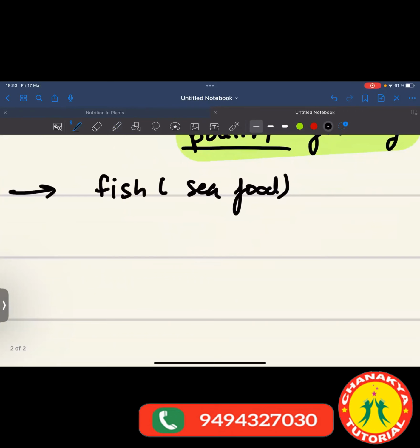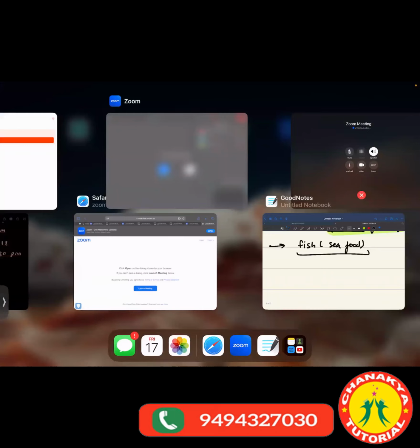Growing of fishes, even in certain places they grow fresh fishes for food, other than just catching them.